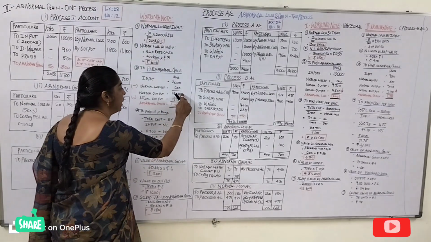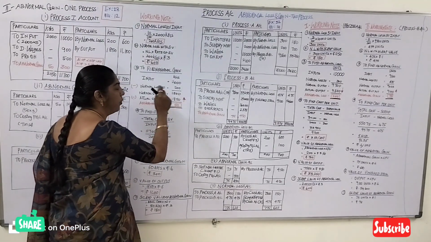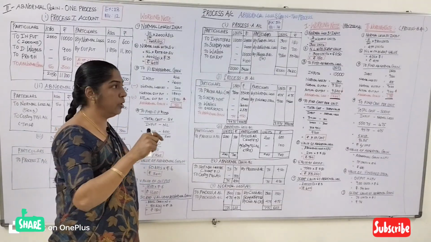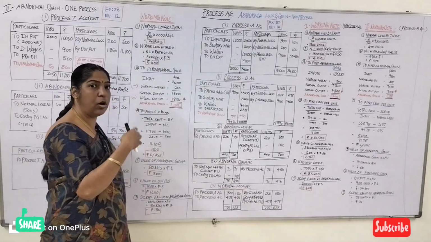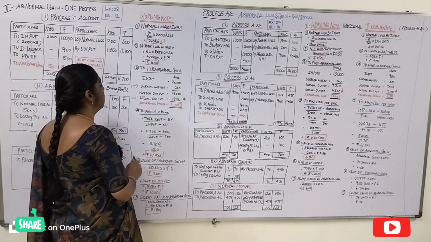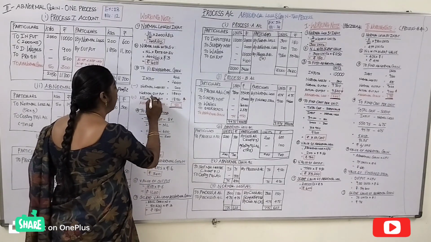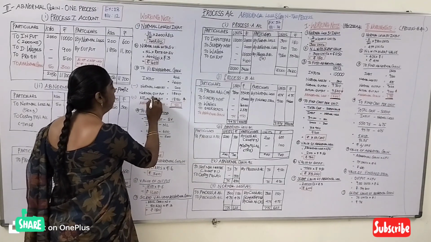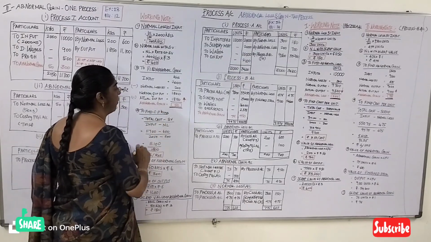Only here do we know whether it is an abnormal loss or an abnormal gain. How can you find out? It's very simple. If the actual output is greater than the normal output, then it is called abnormal gain.